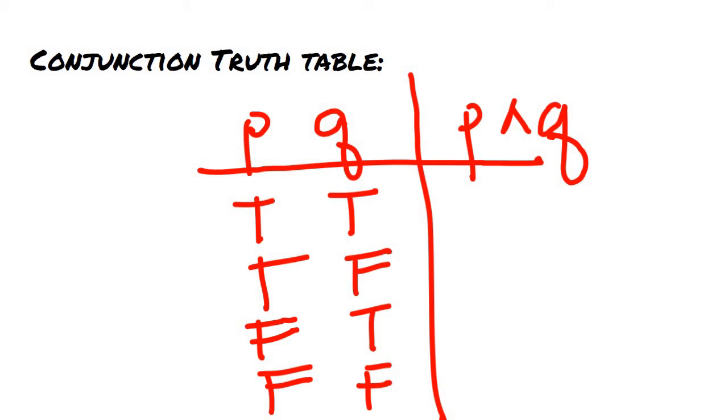In this case, the conjunction is only true when both input propositions are true. Otherwise, it will be false. That's it.